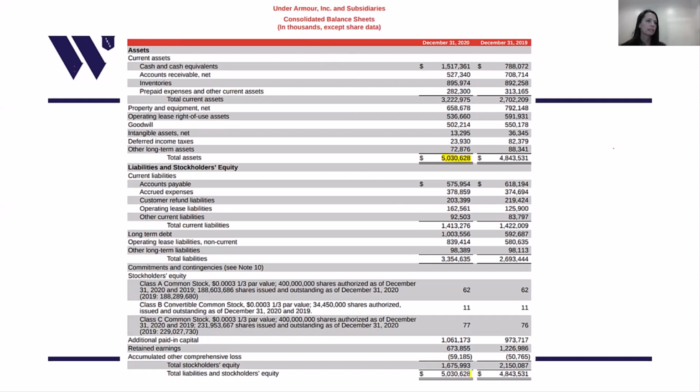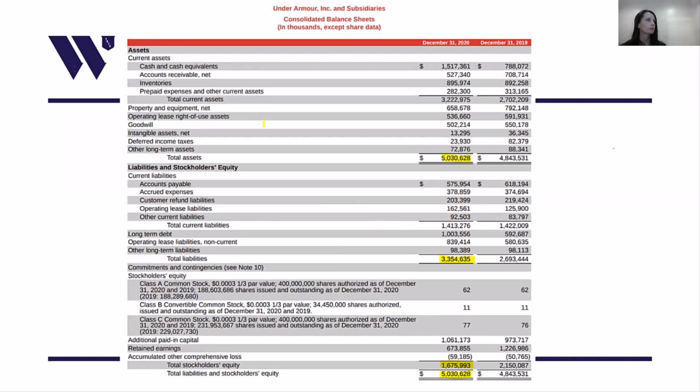And it equals their total claims, so the total liabilities and stockholders' equity. That 5.030 is made up of 1.6 in stockholders' equity and 3.3 of liabilities. So there's a lot more detail, but you can see how this is basically the balance sheet equation.